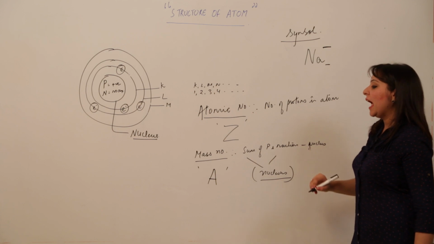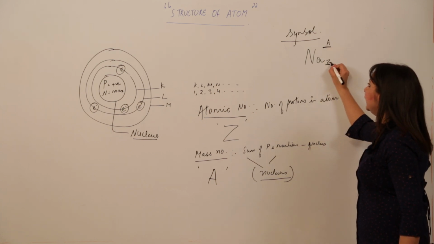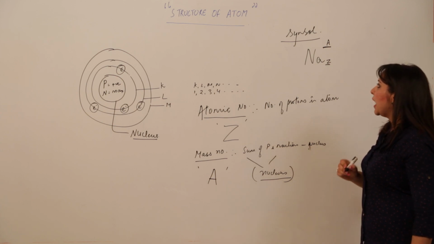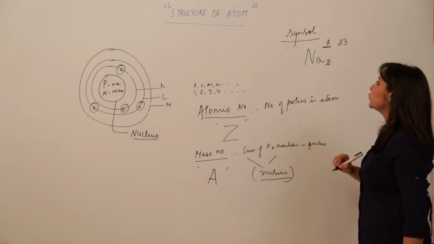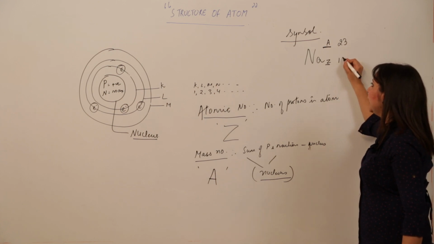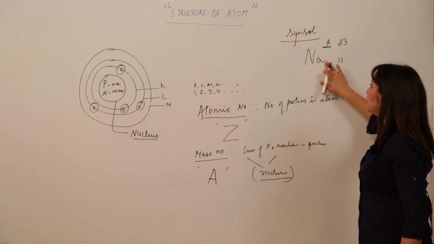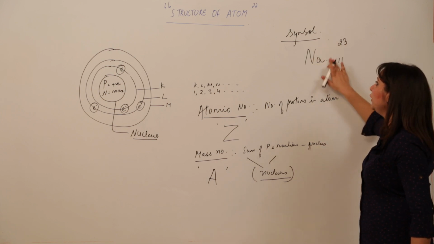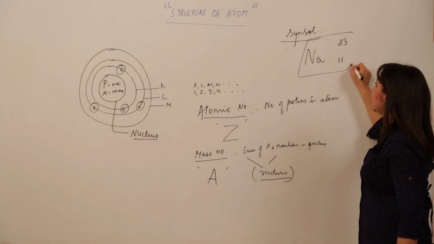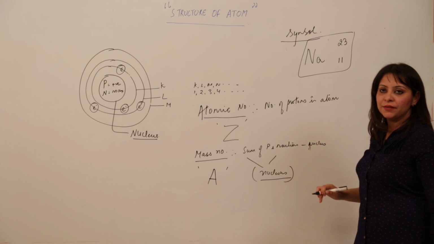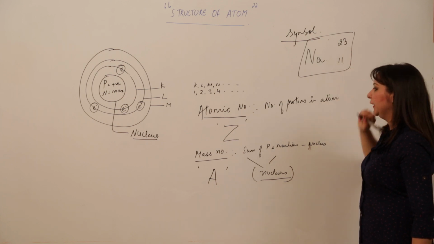The mass number of sodium is 23 and the atomic number is 11. I am removing A and Z because you now know what they specify. So we can write sodium as Na with 23 as superscript and 11 as subscript.